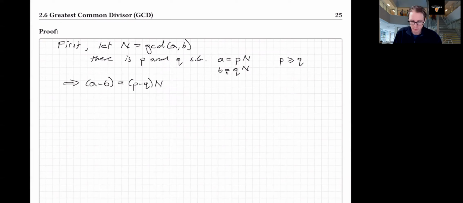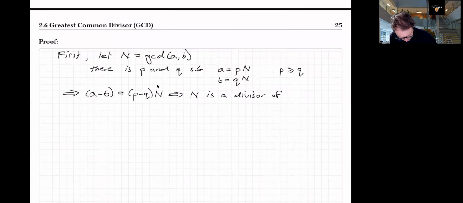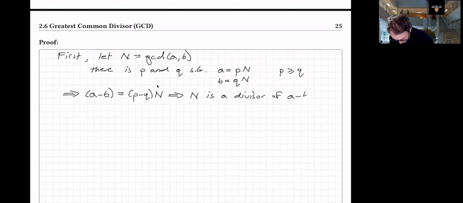Just subtracting the second equation from the first. And so that implies that A minus B can be written as an integer times n. And so n has to be a divisor of A minus B. And so that tells us that n divides A minus B.